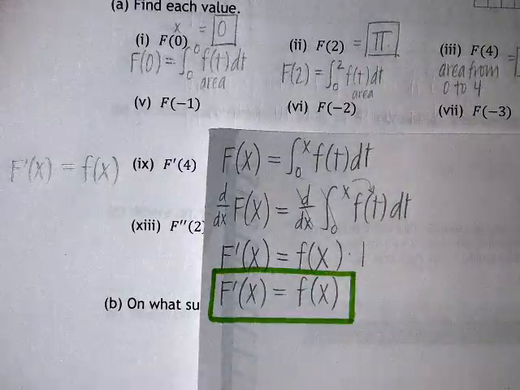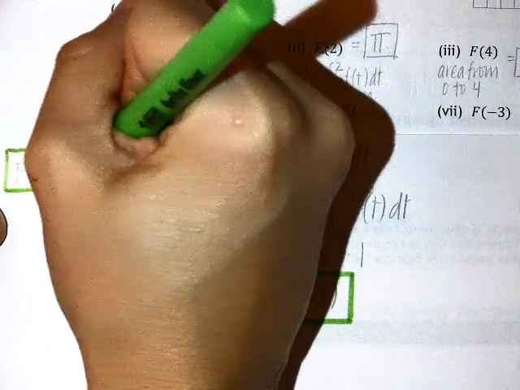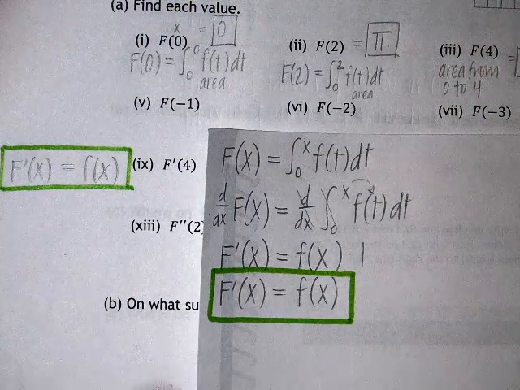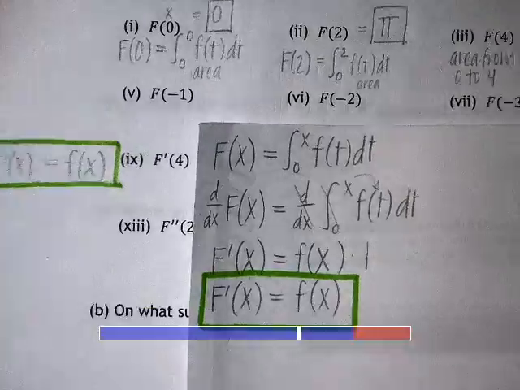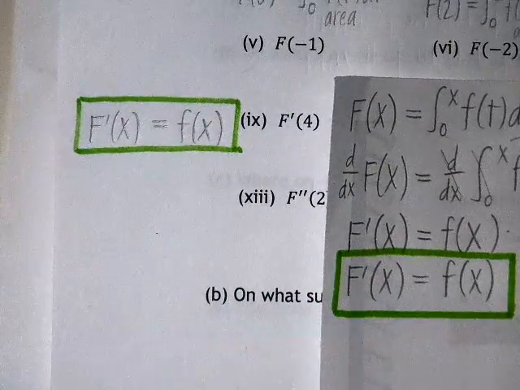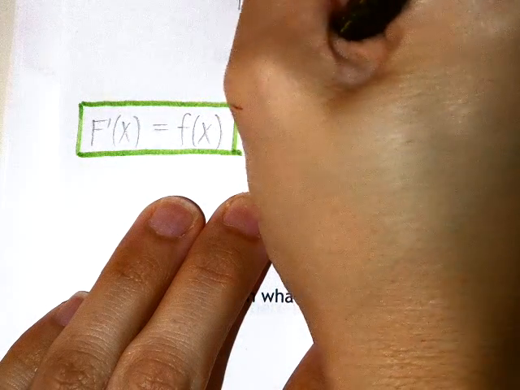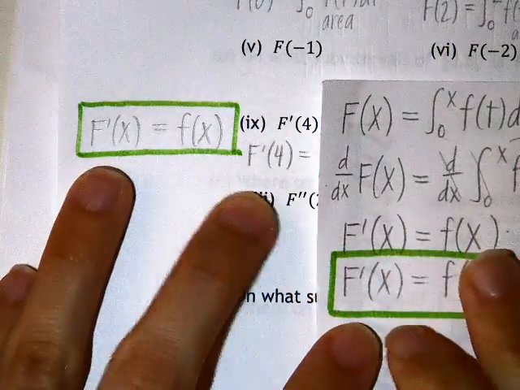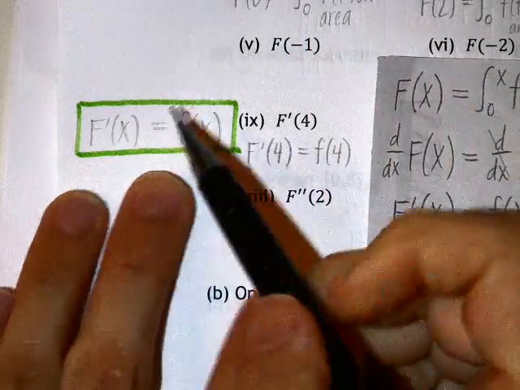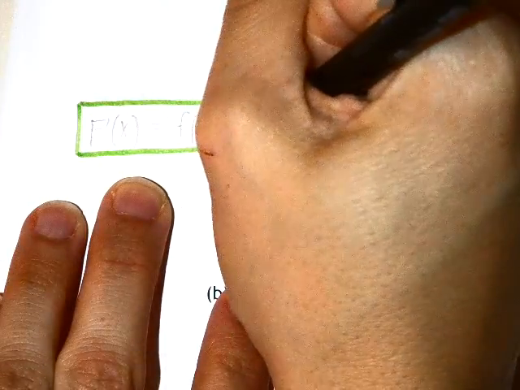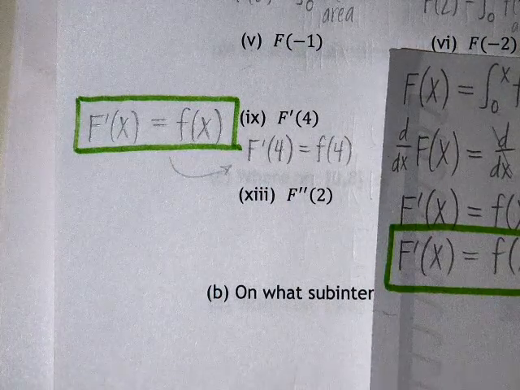And if you're not sure why that's important, I think you'll immediately grasp the crucial nature of this fact once we have to do part 9 here, which is big F prime of 4. Because think about what that would look like as a substitution. Big F prime of 4, according to the fact we just established, is really little f of 4. If we simply substitute the 4's where the x's are, then big F prime of 4 is really little f of 4.